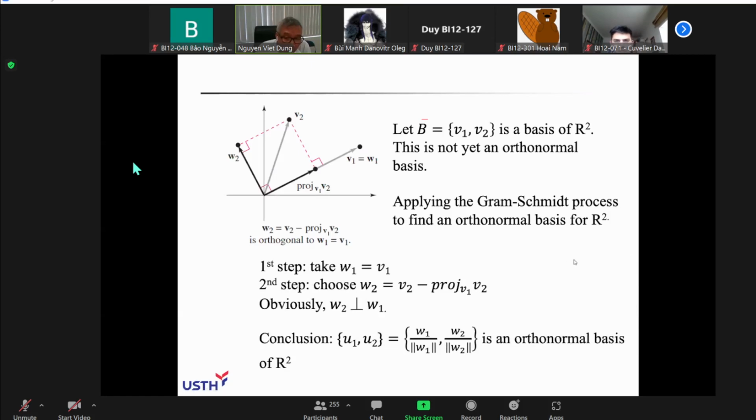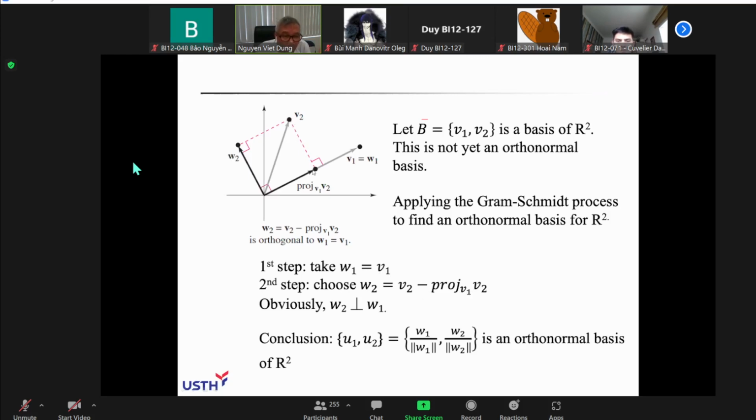How can we do it? We follow the process in the previous slide. In the first step, we take w1 equal to v1. Then in the second step, we choose w2 equal to v2 minus the projection of v2 on v1.